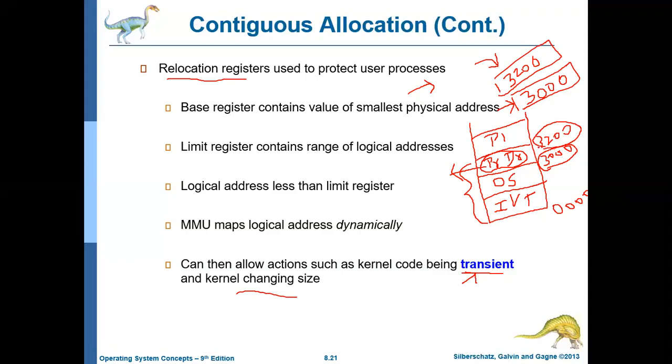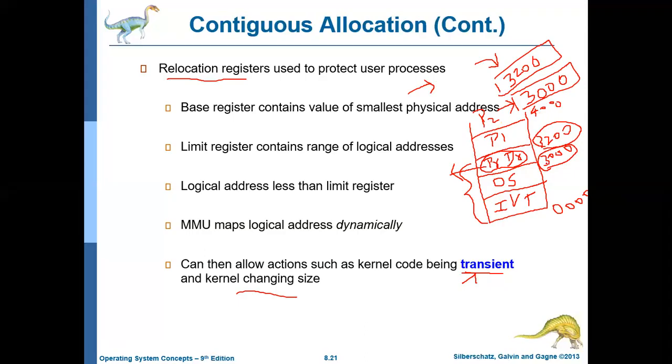If the base register content of P1 changes, then obviously P2 will also change, right? Are you getting it? So if the operating system ends at 3200, then P1's base register will be 3200 and P2's base register will be 4000.